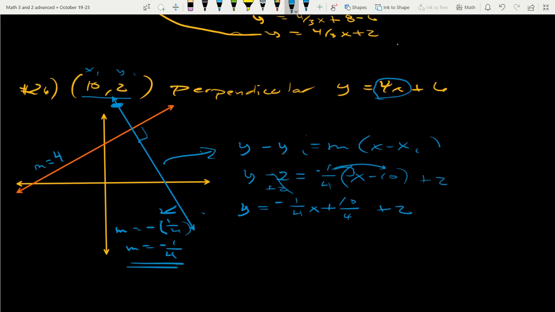Okay, so now we've got this piece. Well, I need to combine these two right here. So since this is 10 over 4, I need to convert the 2 into a denominator of 4. So I'm going to multiply the top and the bottom by 4. So what I get is negative 1/4 x plus 10/4 plus 8/4.